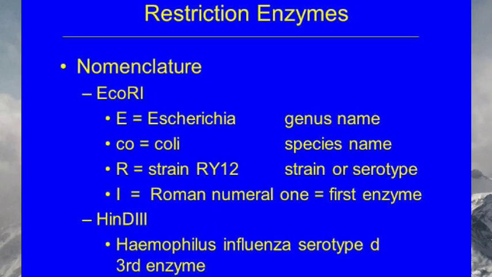Similarly, HindIII means Haemophilus influenzae strain D, and the third enzyme which is identified. So this is HindIII restriction endonuclease, which is obtained from Haemophilus influenzae serotype D, third enzyme. This is how the endonucleases are named.